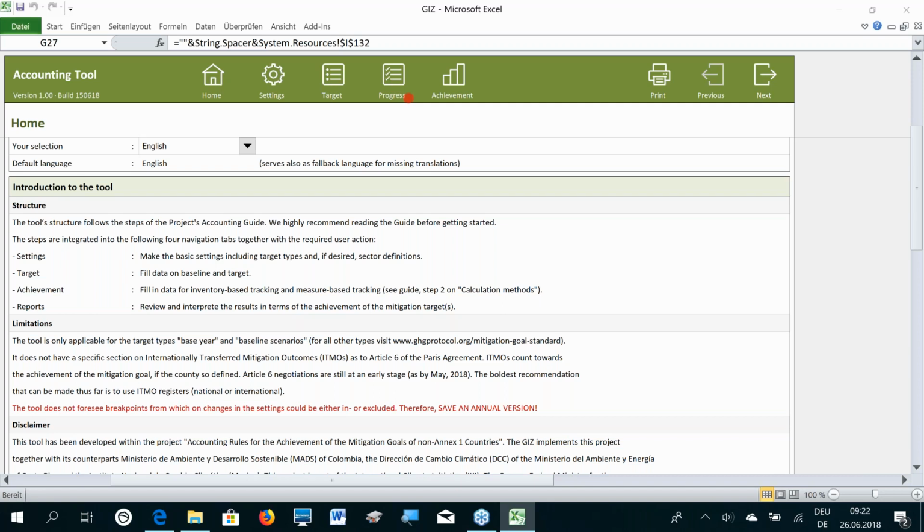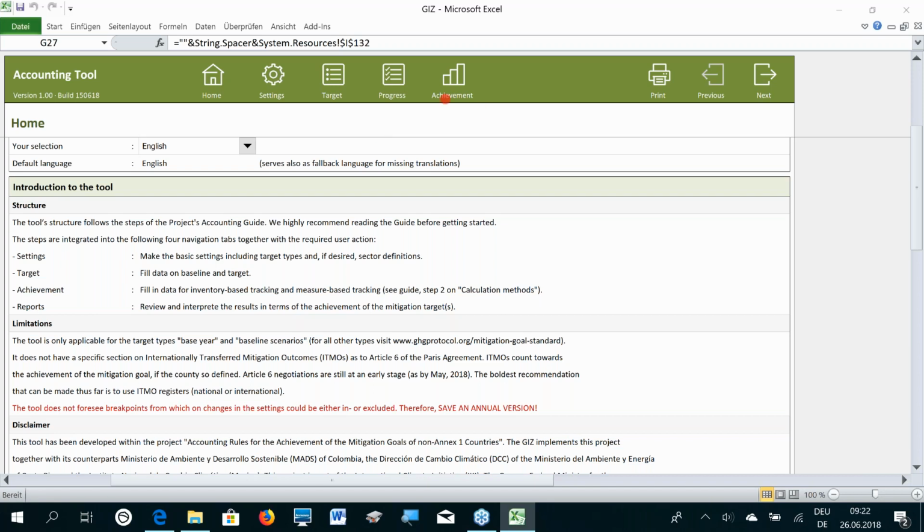And put then all the actual data on the progress on the emissions progress, or the progress in terms of the emission reductions.